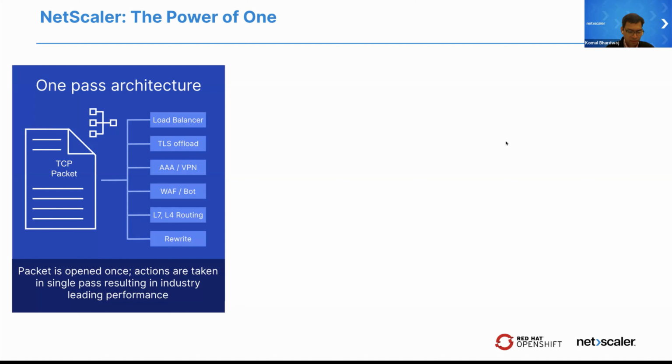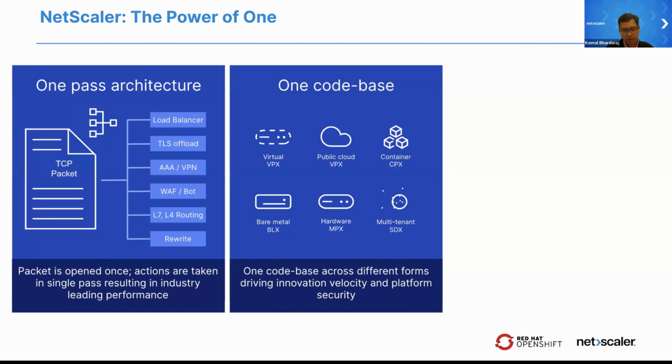With this, there are other benefits that also come. Over the past several years, there have been different waves of modernization, right from hardware to virtualization to containerization, and to the edge use cases that Cameron just talked about. NetScaler has been through all this journey, and we have modernized our stack. We started with the hardware form factors, which were called MPX and SDX, which are still used by a lot of customers.